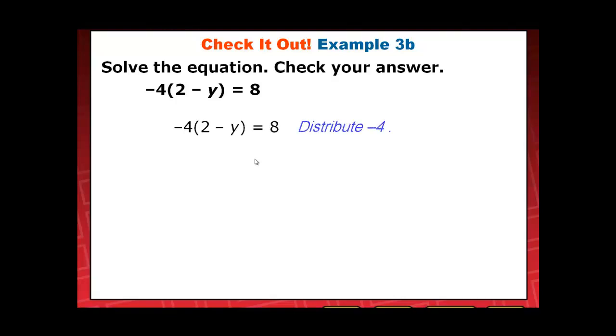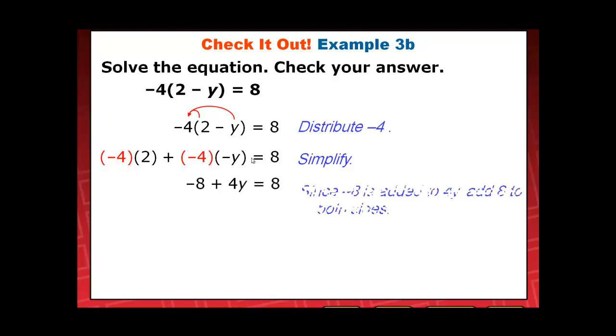Negative 4 will be multiplied inside the brackets: negative 4 multiplies 2 and negative 4 multiplies negative y. It will be negative 8, and negative multiplying negative is positive, positive 4y.